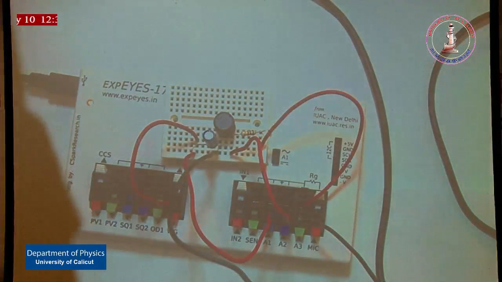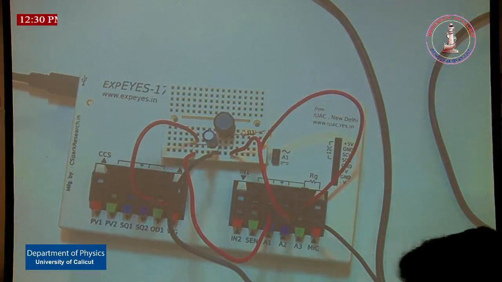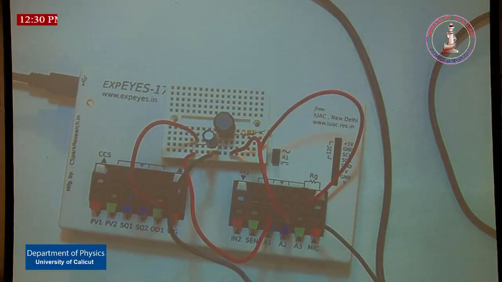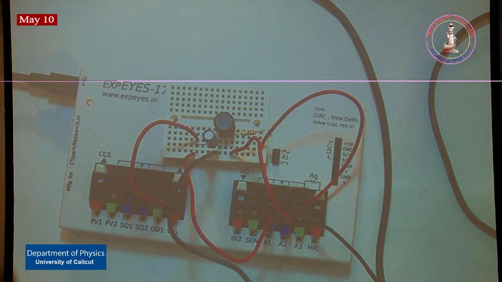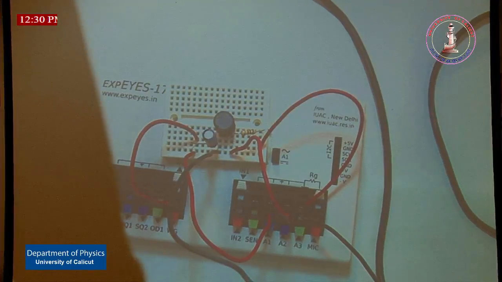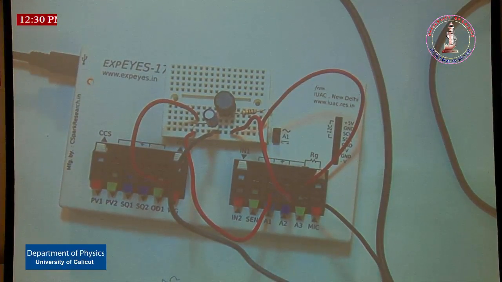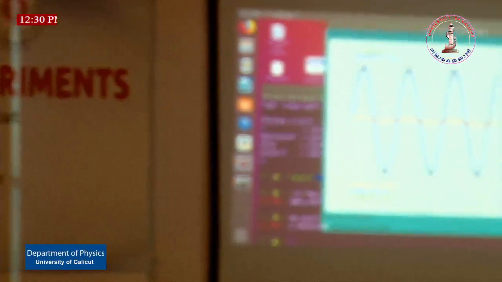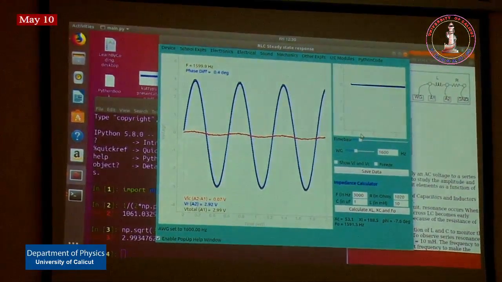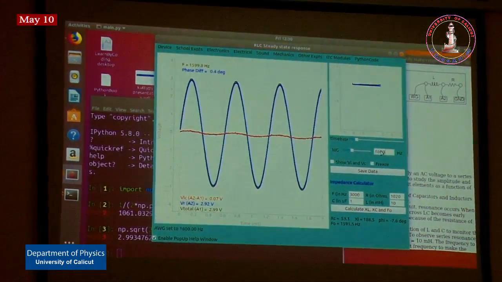Now do one thing in the calculator: give both 1 micro and 10, and it says something like 1500, so give 1600 here. It is calculating the resonant frequency. At 1600 the phase difference is 0.3, so slightly tweak it and make it 0.